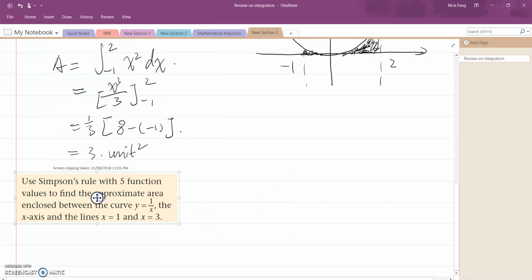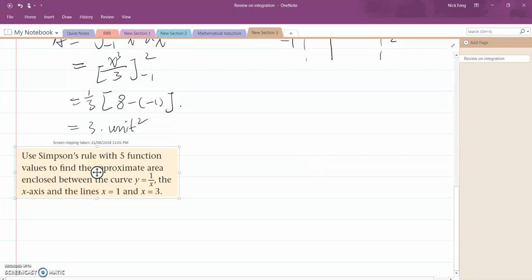Use Simpson's rule with 5 function values to find the approximated area enclosed by the curve y equals 1 on x and the x-axis between 1 and 3. We have done a very similar question yesterday, but this time the boundary is between 1 and 3.